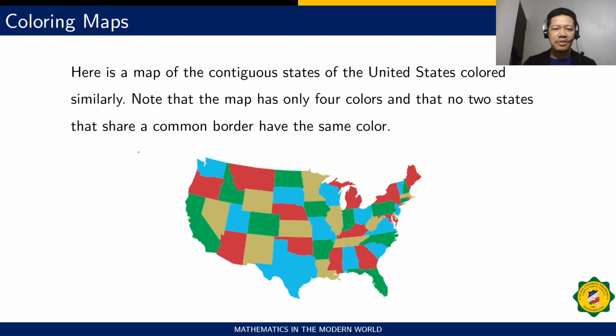Let's have an example of that. Here is a map of the contiguous states of the United States of America colored similarly. Note that the map has only 4 colors, and no 2 states that share a common border have the same color.